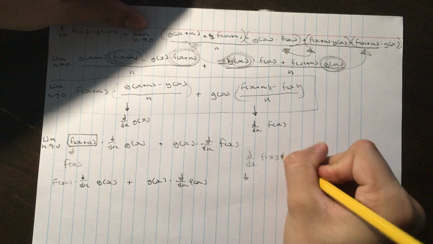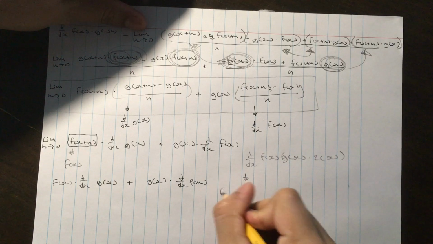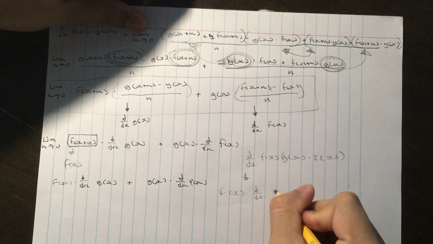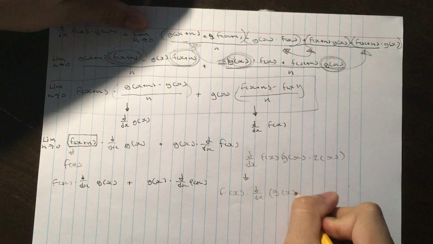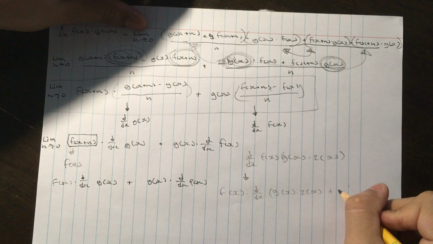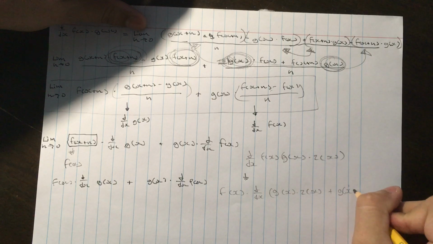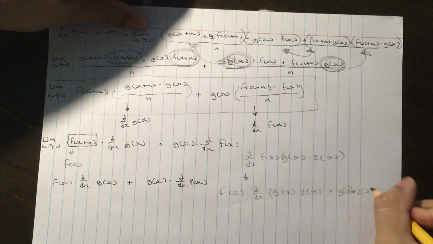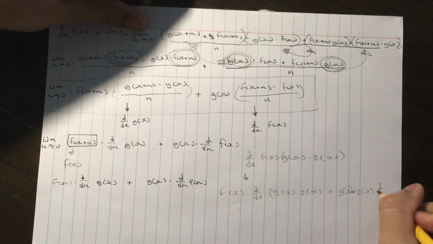Okay, so first we'll group these, right? So we're going to have f of x multiplied by the derivative of g of x multiplied by z of x plus g of x multiplied by z of x. This is so confusing looking. This is a multiplying sign multiplied by derivative.